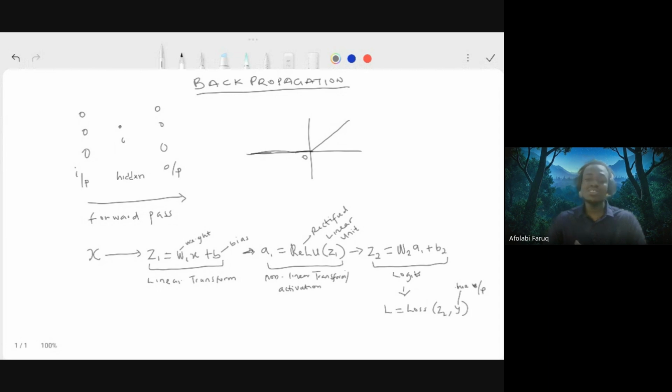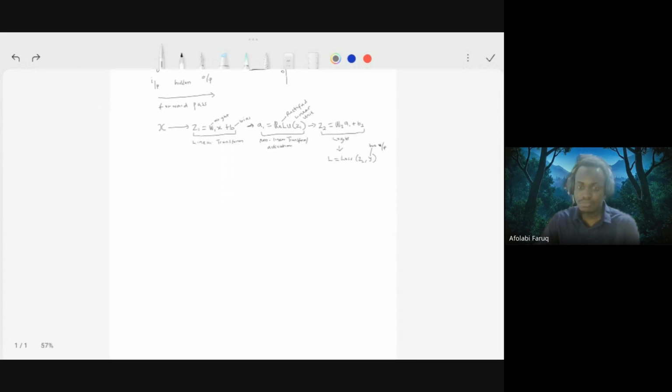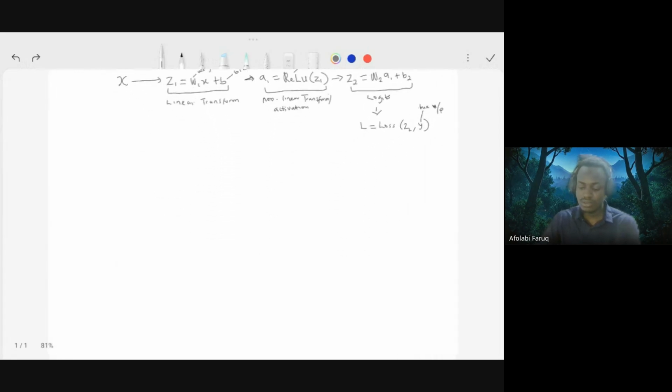And it is with this labeled output that we measure the loss. We measure how far our predicted output is from the actual output. That is how we evaluate our loss. And we have different scenarios of evaluating the loss. We have the mean squared error. We have every other evaluation metric too. So this is it for the forward pass.